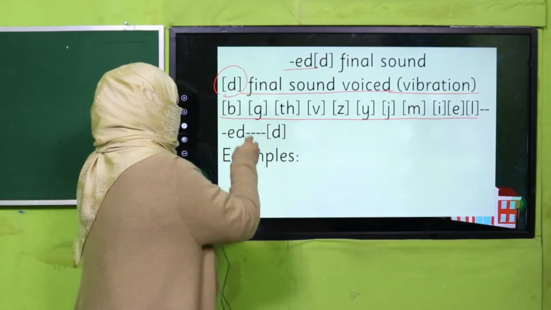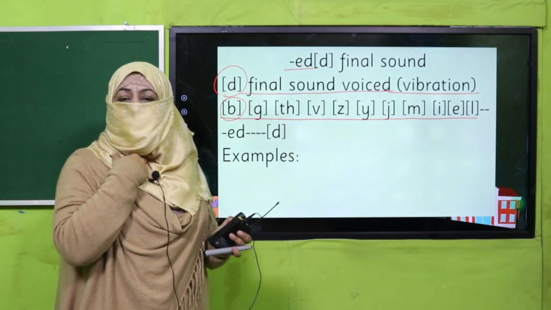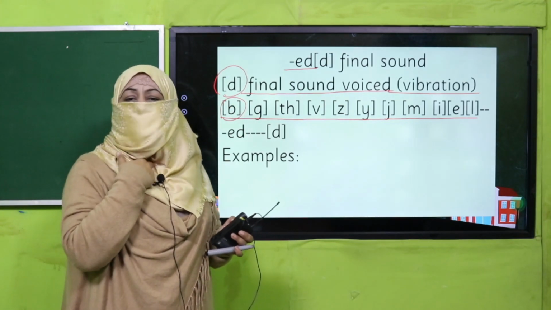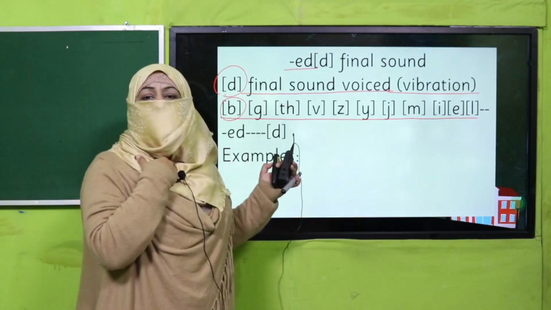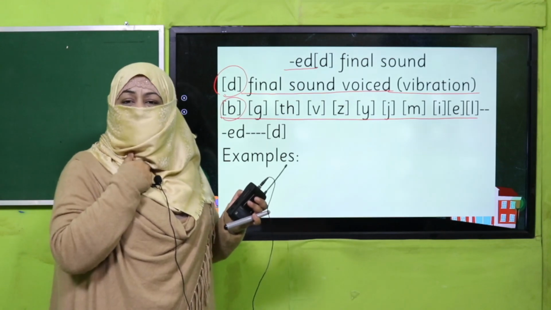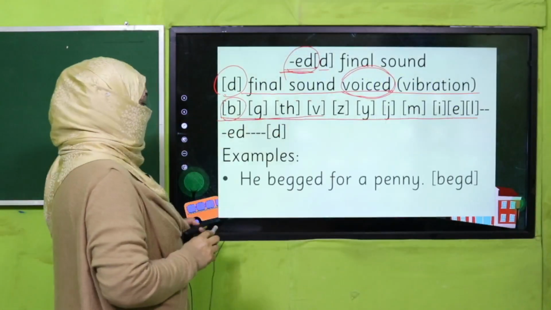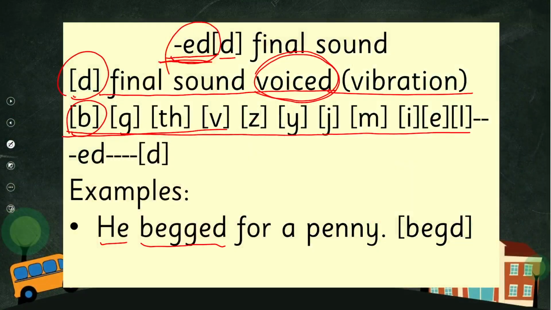Okay, when you say B, B, B, you feel a vibration here, right? Likewise, G, G. So these sounds are a little deeper, that's why you feel vibration, and these are known as voiced sounds. And if you find any voiced sound before ED, you will pronounce this ED as D. For example, he begged for a penny. So this ED will sound as D, begged.